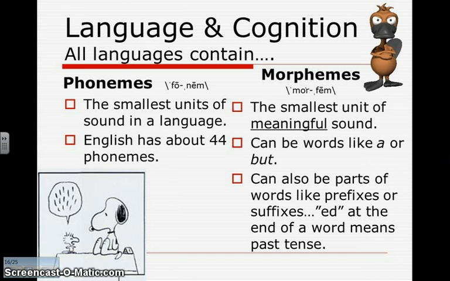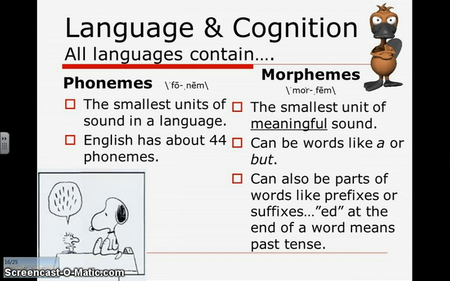For example, usually one or two letters, the letter A or the letter AH or E or M gives you certain sounds when you start to pronounce things, and those are the absolute most basic units in terms of language. Now, morphemes. Morphemes are the smallest unit of meaningful sound.